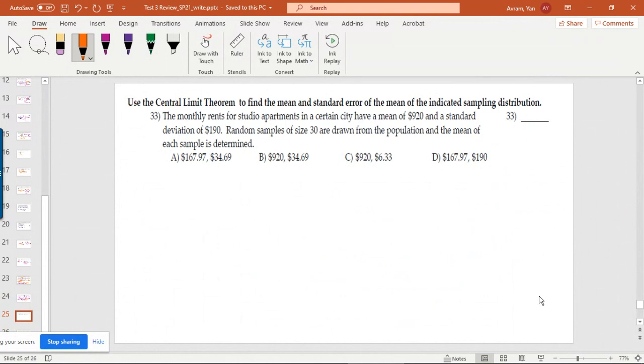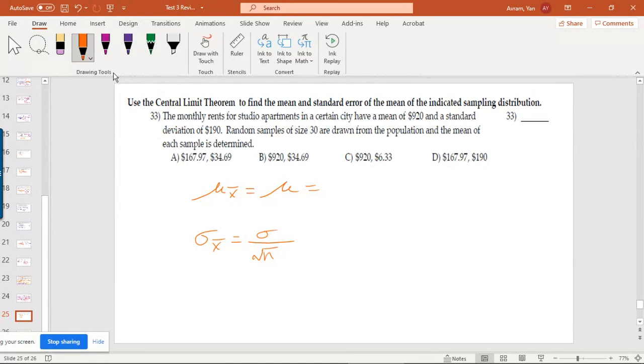So what is the central limit theorem? The central limit theorem basically tells you the mu is equal to the mu of x bar, and the sigma of x bar is equal to sigma divided by the square root of n.